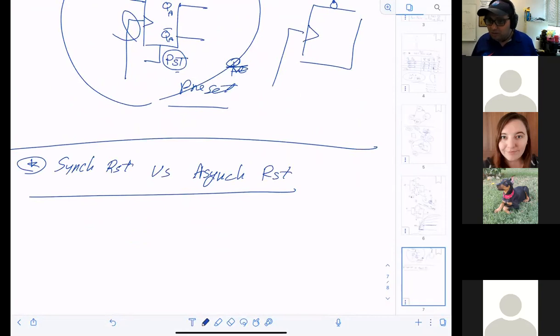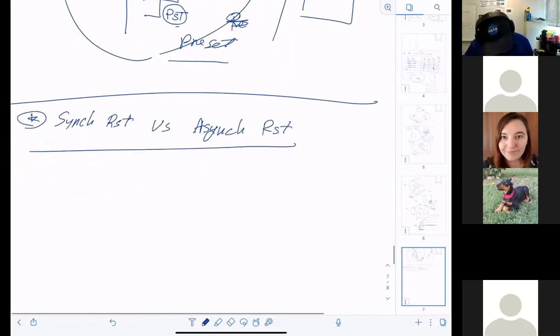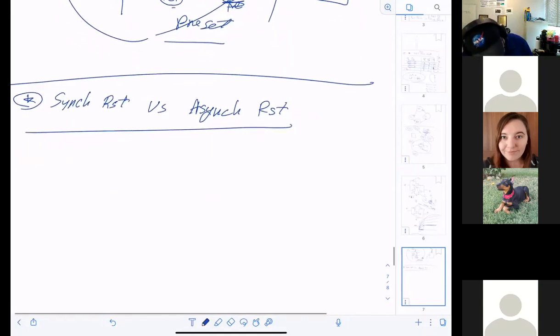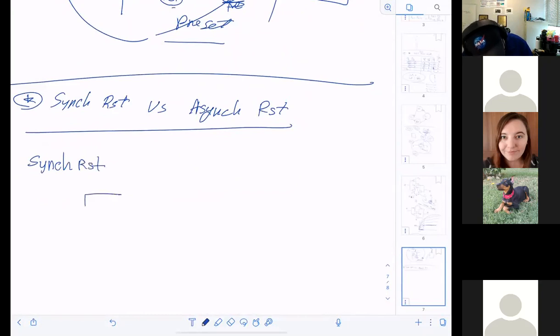If it's synchronous, that means if the reset is high and the clock edge goes positive, for instance, the reset will happen. But if it's asynchronous, it doesn't matter at which point of the clock I reset. Again, let's say a scenario for synchronous. Here is my clock, right?